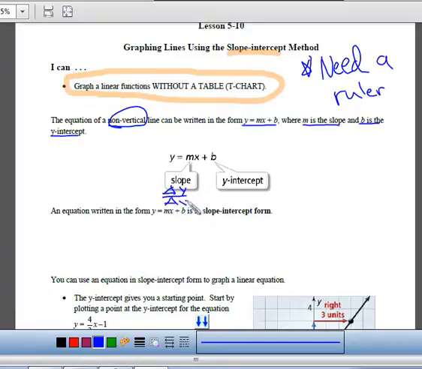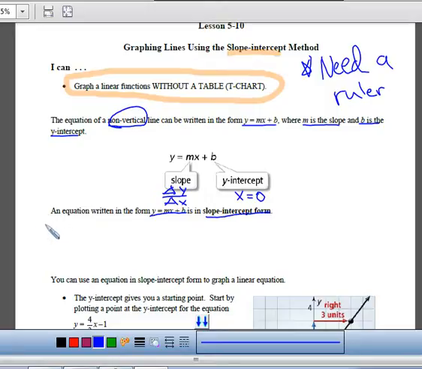Yes, you need to write this down. The y-intercept is when x is equal to 0. Sometimes it goes through the origin, sometimes it doesn't. An equation written in the form y equals mx plus b is in slope-intercept form. So we're going to use that information to help us graph.